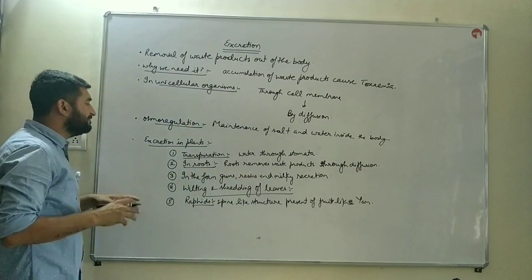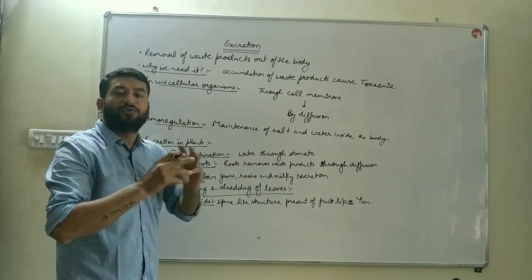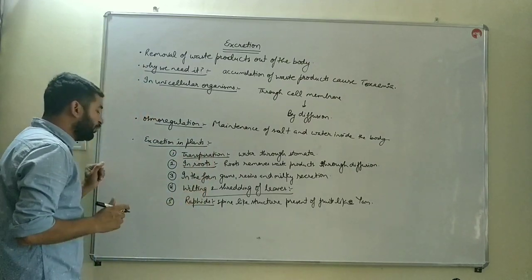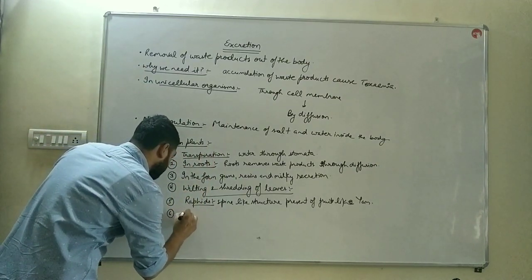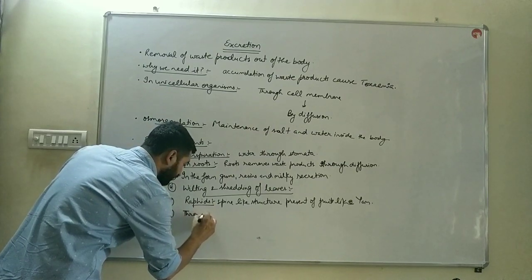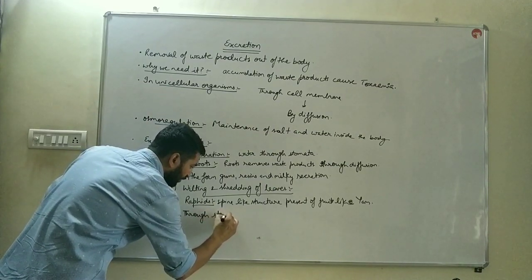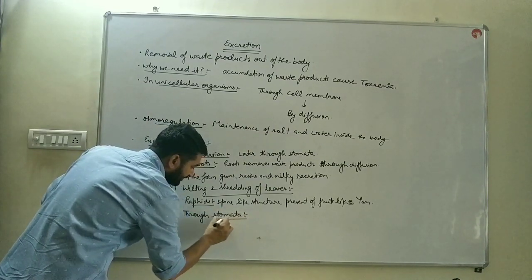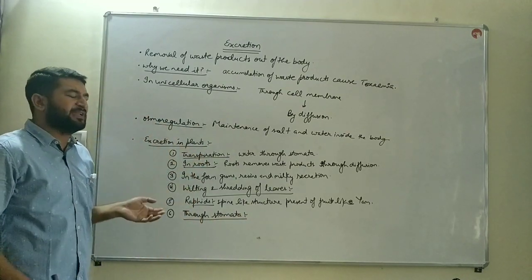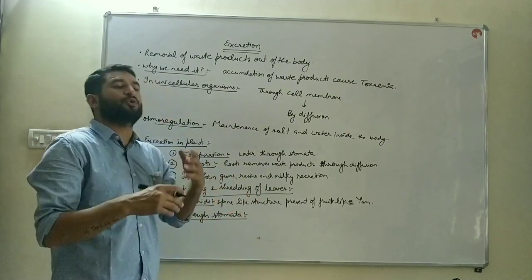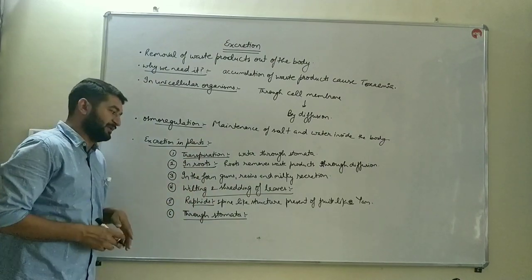So these are certain methods by which plants remove their waste material. Now we'll talk about the gaseous waste, which is removed by the plants through stomata. When the stomata open, gaseous exchange takes place.